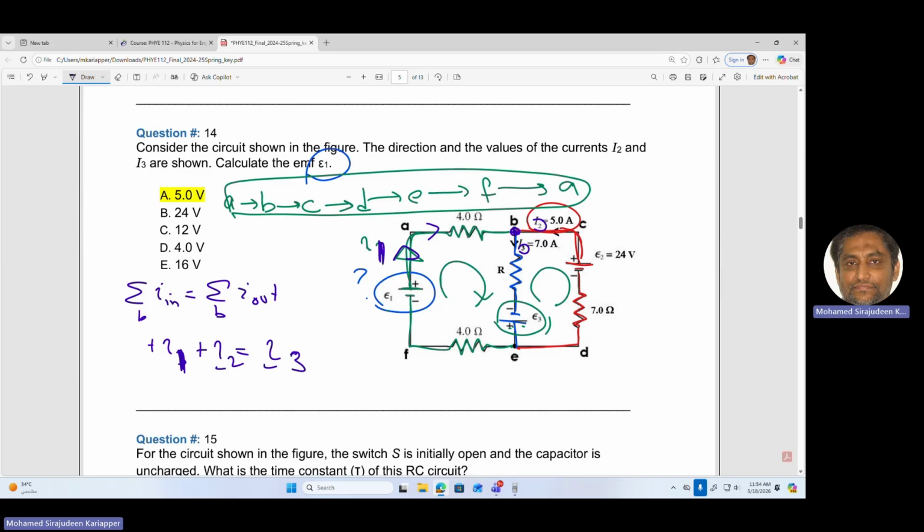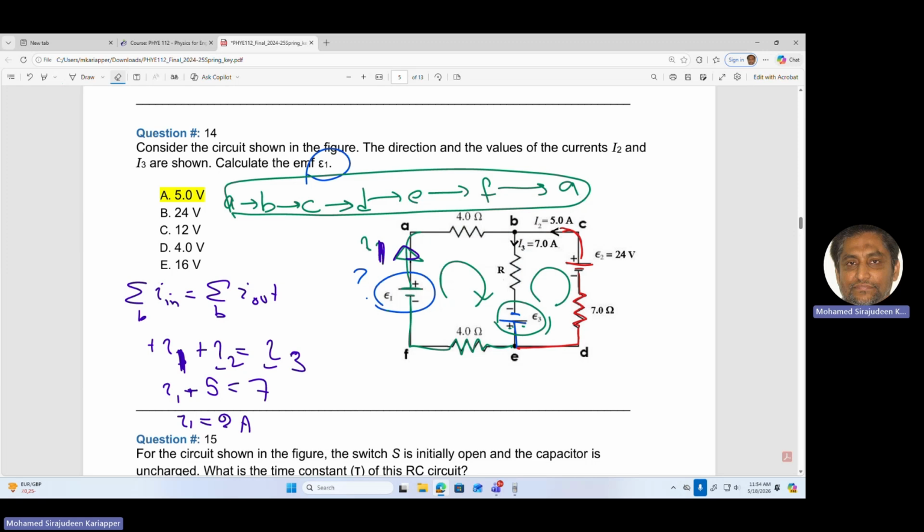This is given, this is given. How much is I2? I2 is 5, and I3 is 7. So that means I1 is equal to 2. It's not a difficult thing, because although it is a rule, you can see why.